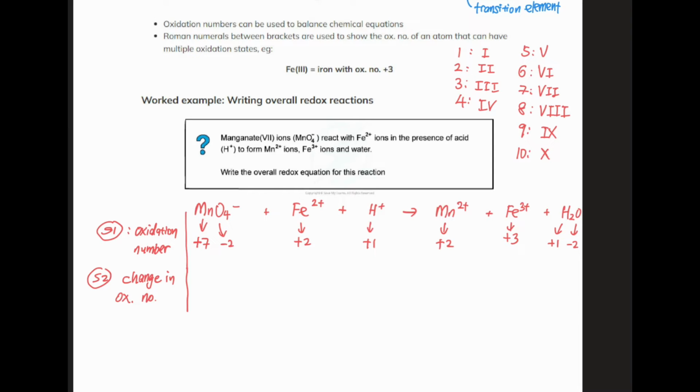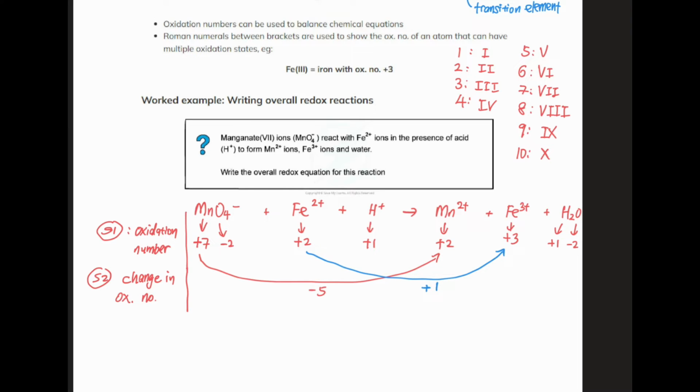So this is a decrease of oxidation number by 5. And then the other one is the iron. Iron, you can see from positive 2, it becomes positive 3. So there is an increase by 1 unit.